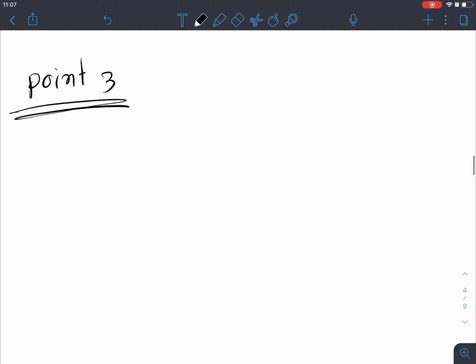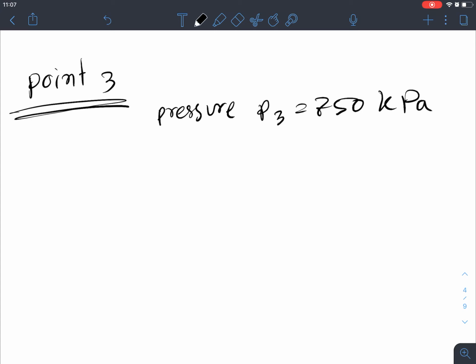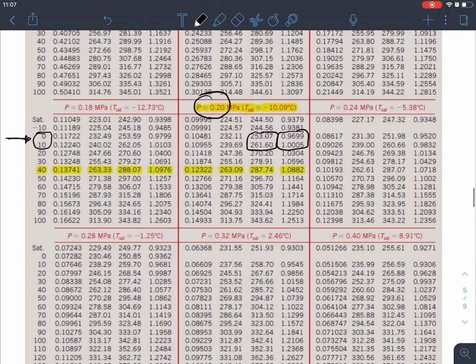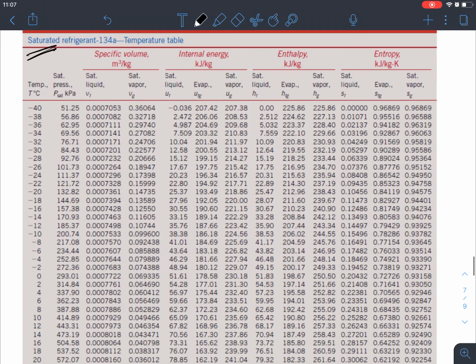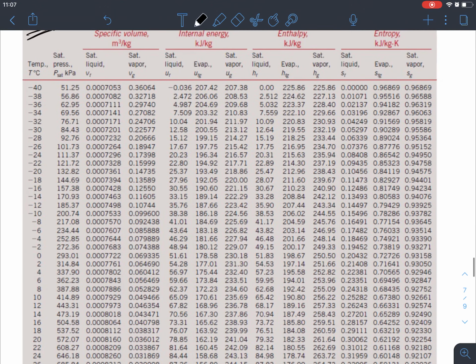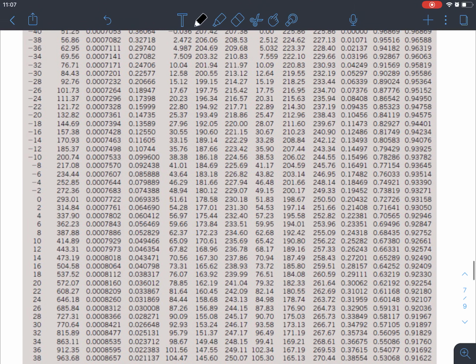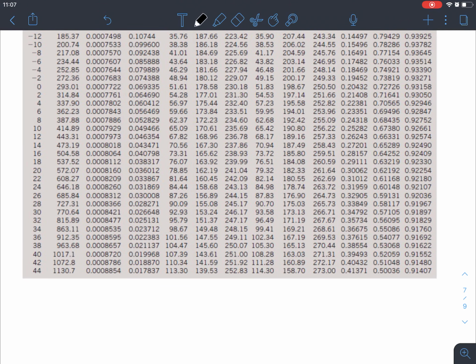So at point 3, we know that pressure P3 equals 750 kilopascal. From table A11, which I copied right here, this is saturated refrigerant. With respect to the pressure of 750 kilopascal, we have 720 and 770, but we don't have 750.